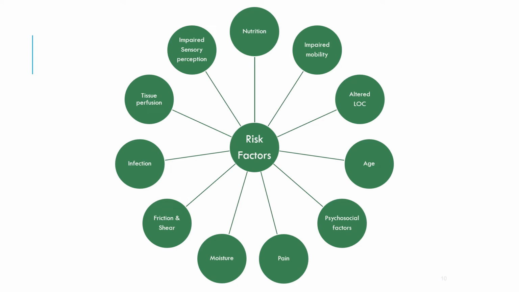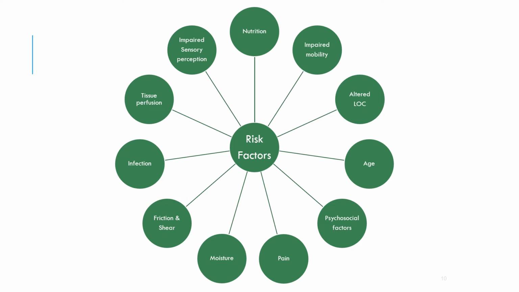It can result in a loss of sensation, and an inability to feel pain or discomfort means not being aware of warning signs and the need to change position. So the patient can stay in that position for a prolonged period and not realize, oh, I'm hurting, there's too much pressure, so it can develop into a pressure ulcer.